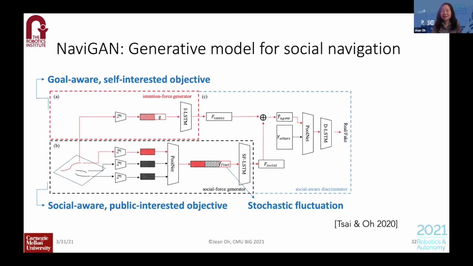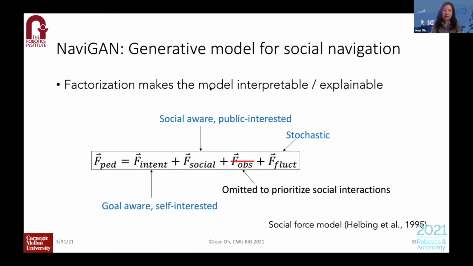But again, a lot of people are working on the same problem. So sometimes we see similar approaches proposed almost at the same time, but independently. Okay, so this is the social force model that was introduced in the mid-90s.